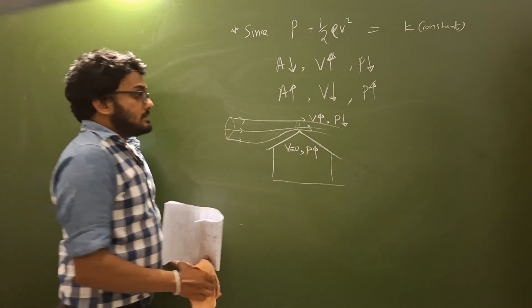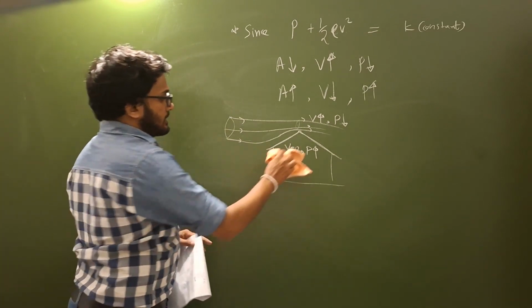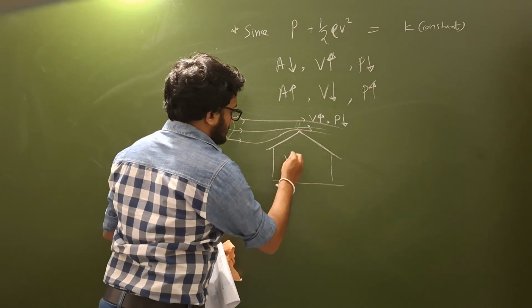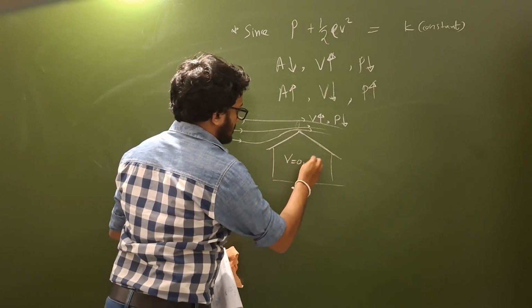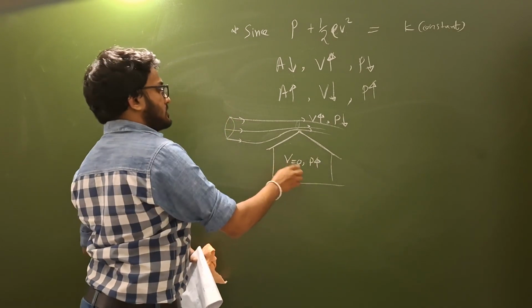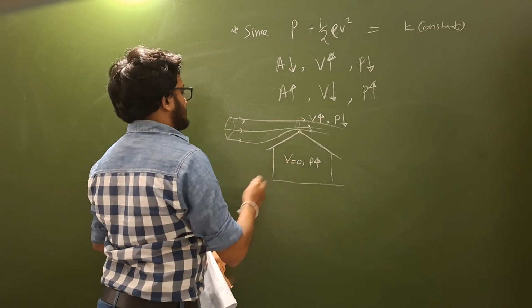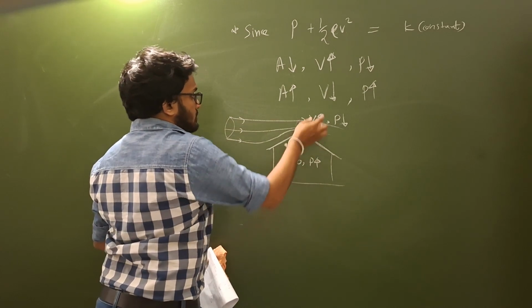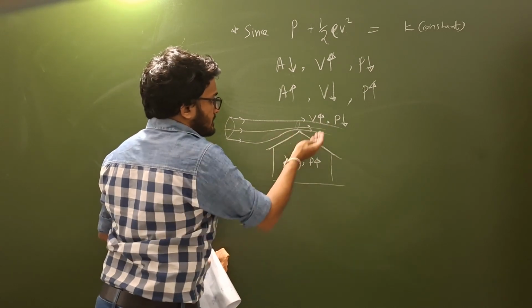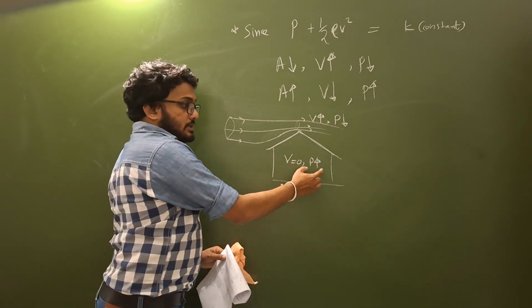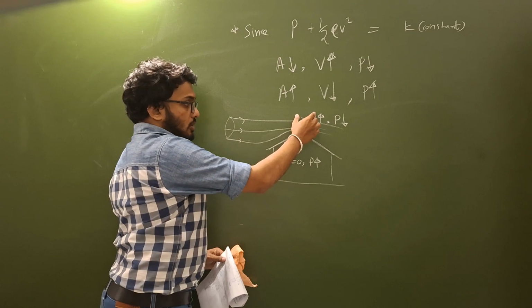So what is the end result? Let me just erase this and write it somewhat below. Velocity is zero inside, that means velocity is small compared to this position. Pressure is high. From higher pressure to lower pressure, there is a push. Here the air pressure is high, here it is low.